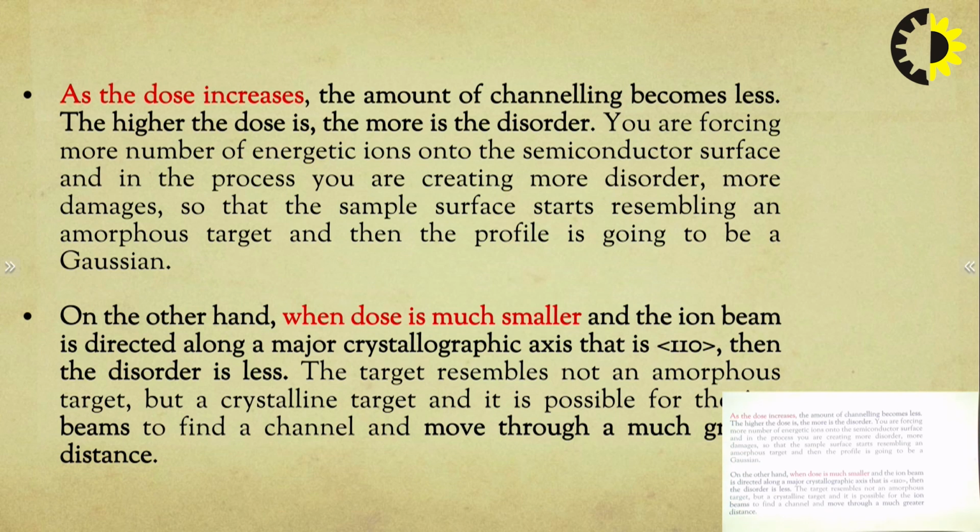Okay, so we can see here, if the dose is much smaller and the ion beam is directed along a major crystallographic axis, that is 110, then the disorder is less.